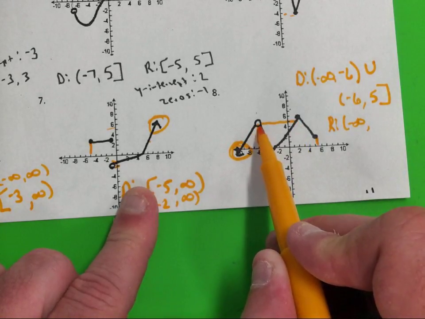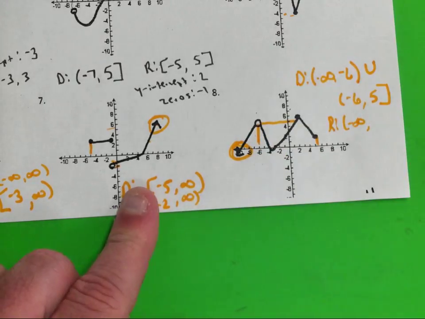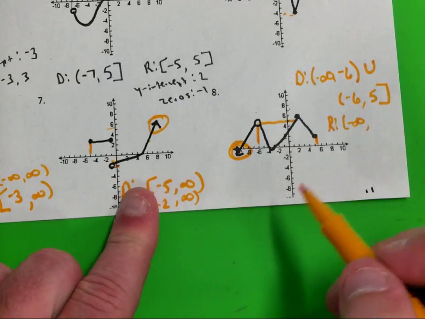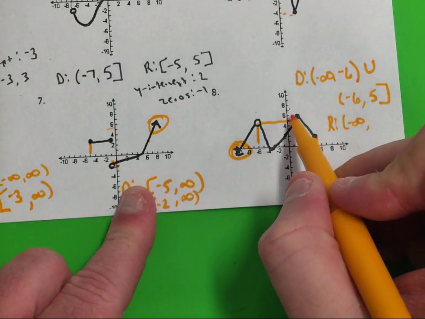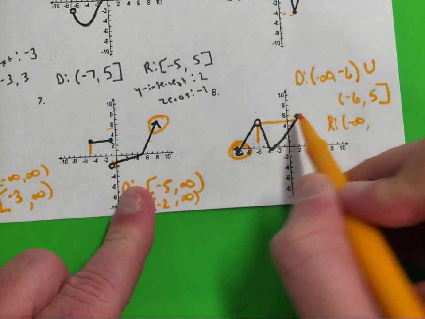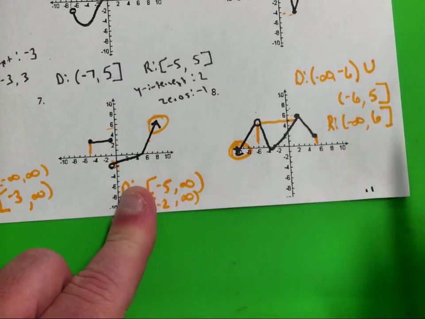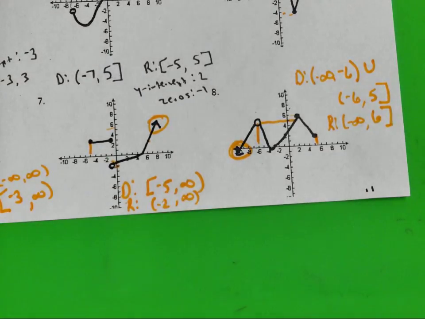Does that make sense? Okay, now, I'm going up to what number right here? 6. And then I put a bracket. That's my range. I want you to do 1 and 2, and that's just evaluating and looking at the graph. The first one kind of cut off, that's f of negative 5.